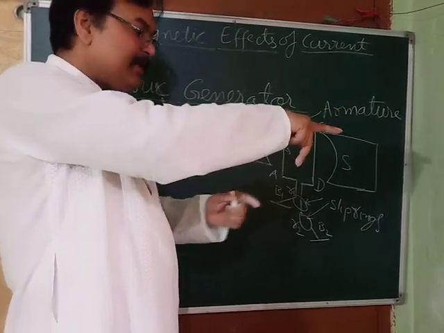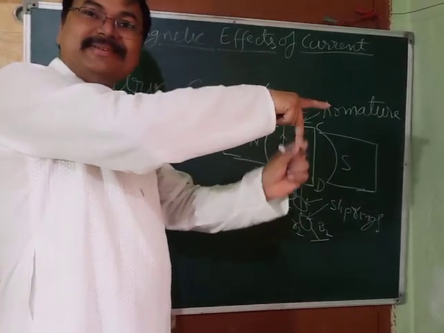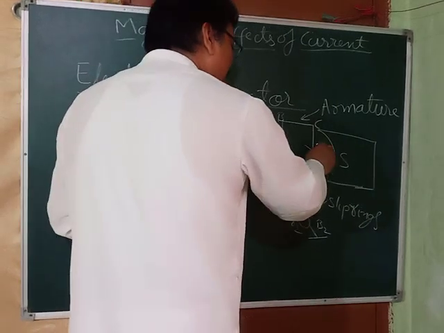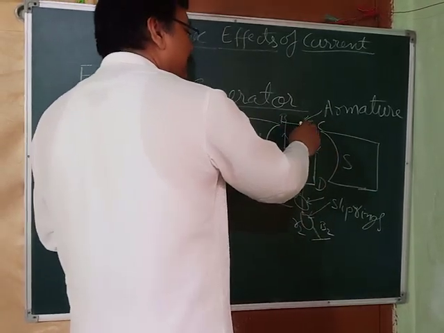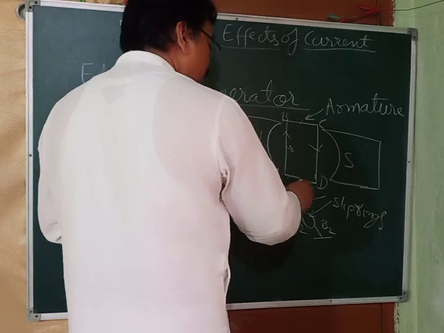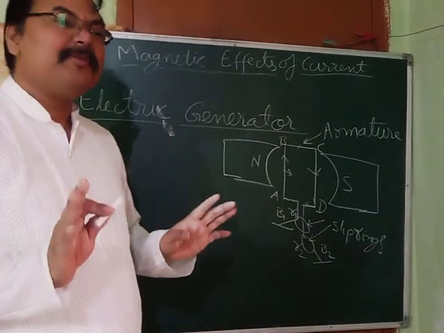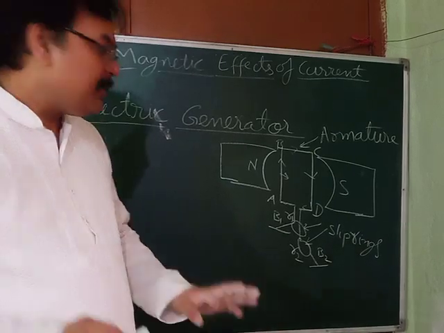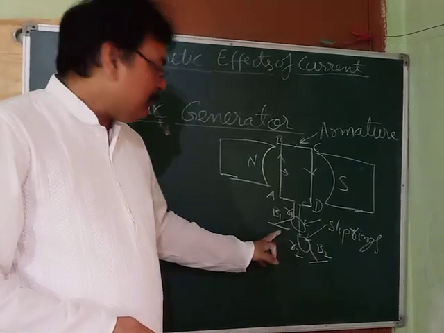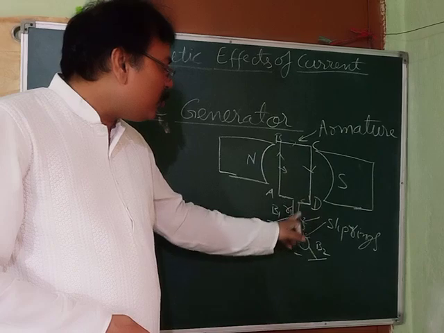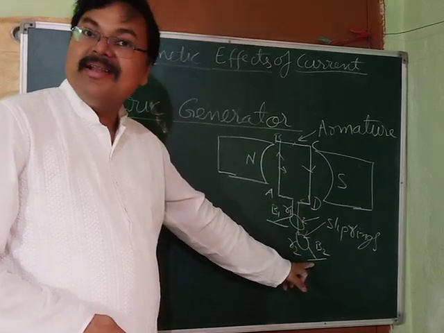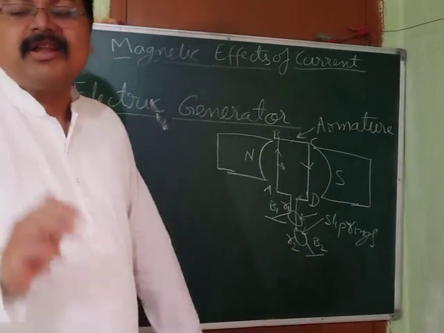Motion is inside, so current is downward. So current flows like this, okay? Now current is coming from this side, and we know that from wherever the current is coming, that is known as the positive terminal. So this brush is going to behave as a positive terminal, and wherever current goes, that behaves as a negative terminal. So this will behave as a negative terminal.